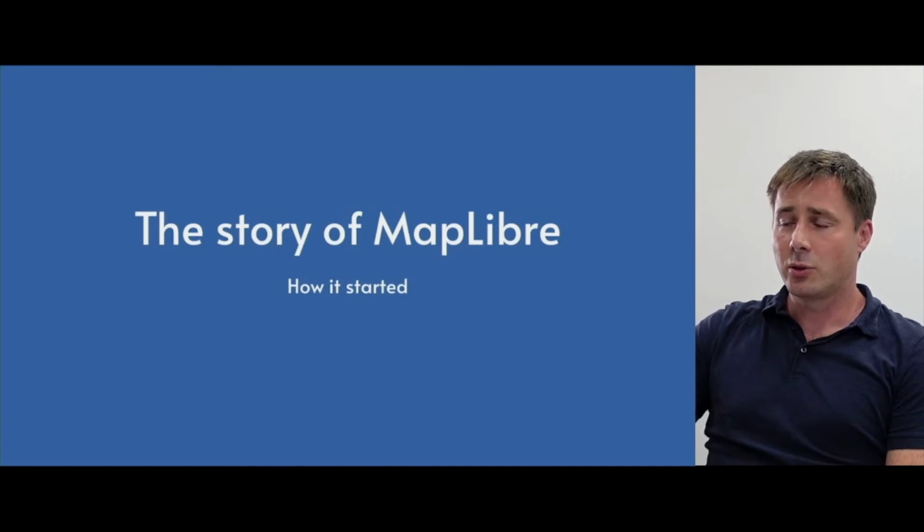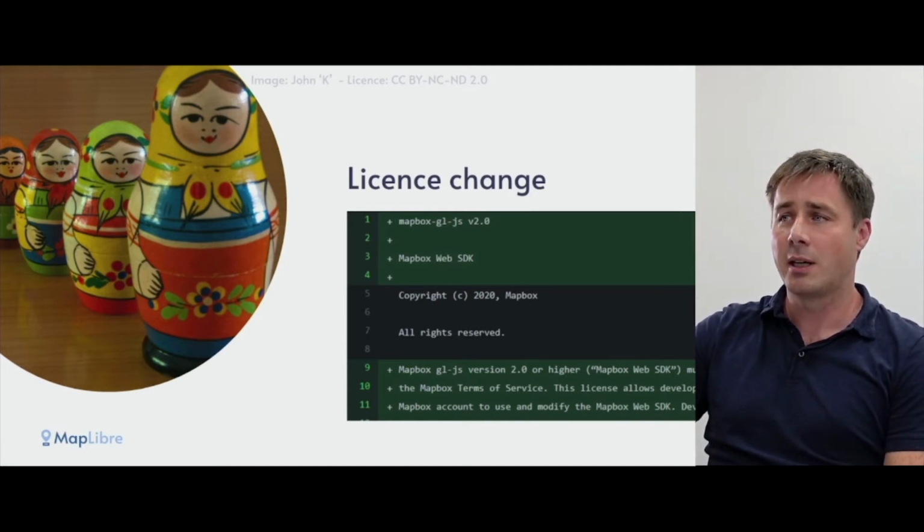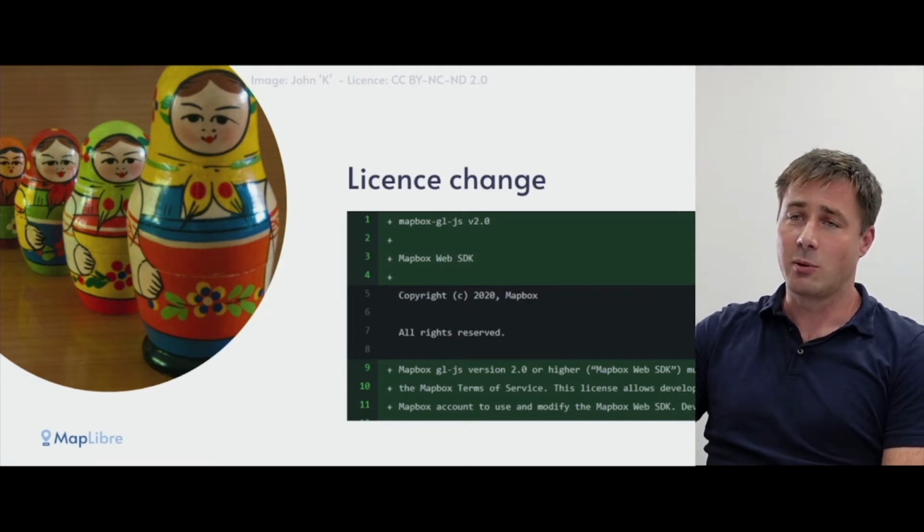The story of MapLibre. In fact, in December last year, Mapbox announced that their great Mapbox GL JS library has become closed source. They switched the license from the BSD license to Mapbox terms, and whoever loads the library in a browser through JavaScript needs to pay Mapbox for initiating the library, which is quite a unique license.